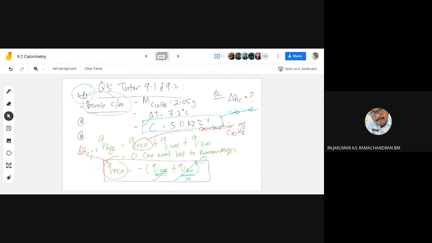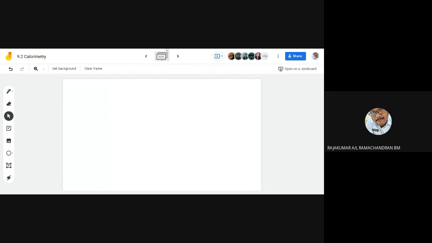Okay, so kita sambung. Saya pergi slide seterusnya. Ya, anda boleh gerak ke slide 6. Okay, so saya tulis formula dulu. Q reaction sama dengan negatif Q calorimeter. Sebab Q water kita kosong lah. So, negatif diberikan heat capacity C besar delta T. Okay. C besar kita adalah 5.11 kilojoule per Celsius darab dengan kita punya delta T 7.2 Celsius.